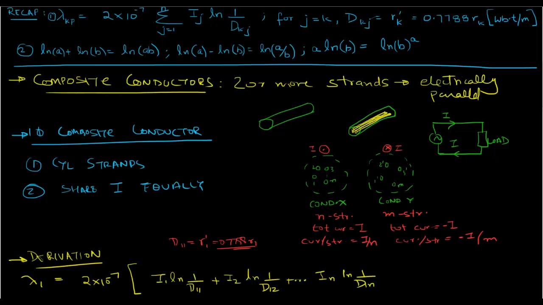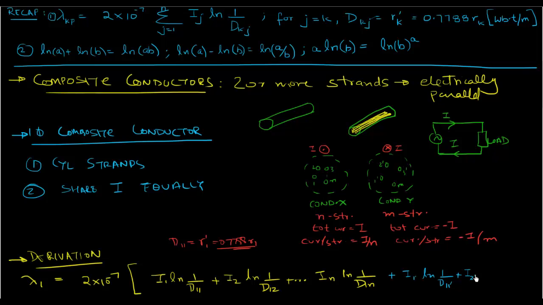Let me just change the color though. So what that's going to be is I1 prime, that's the current through the strand 1 prime, ln of 1 over d1 to 1 prime. This is separate from this. This is the distance from strand 1 to 1 prime.